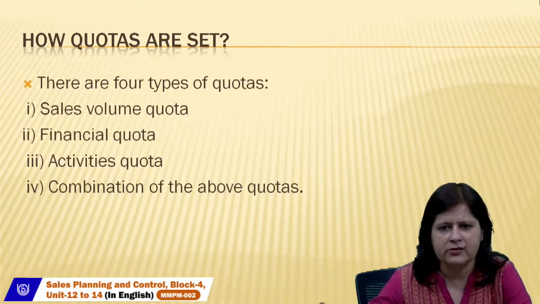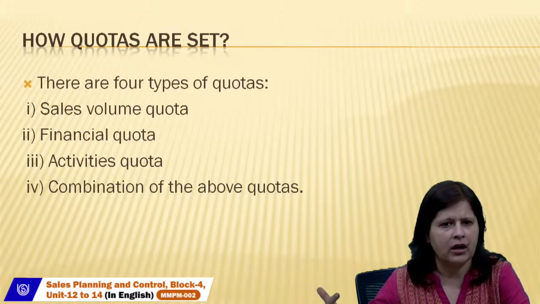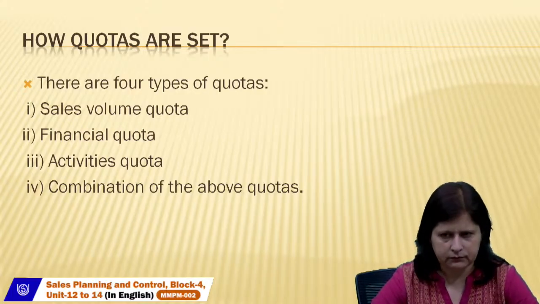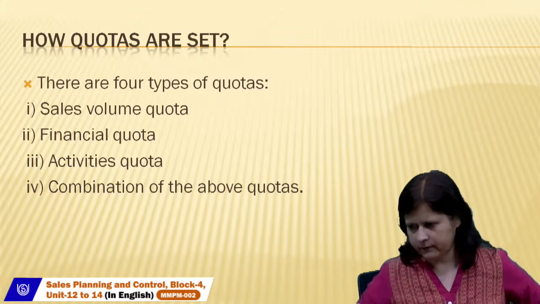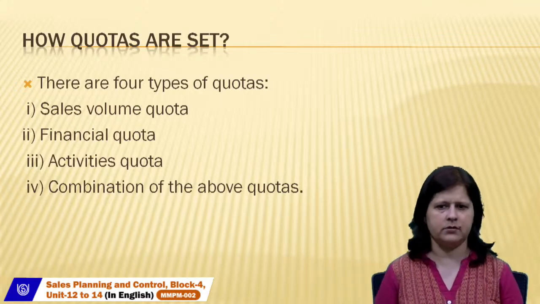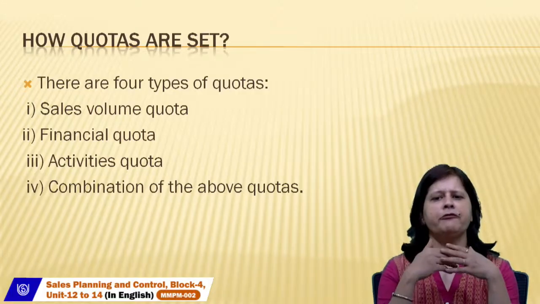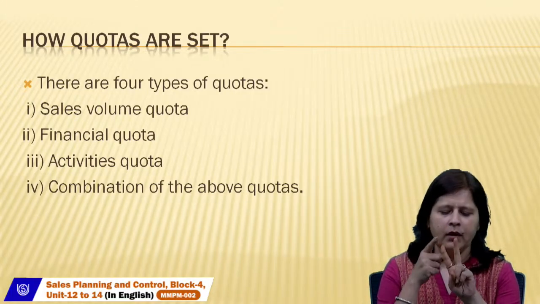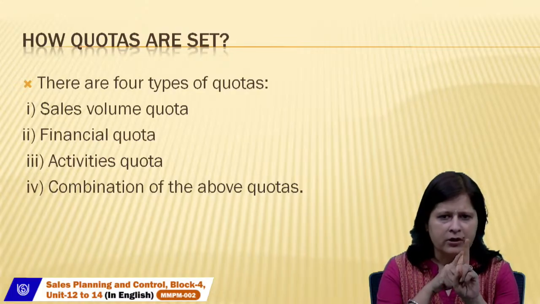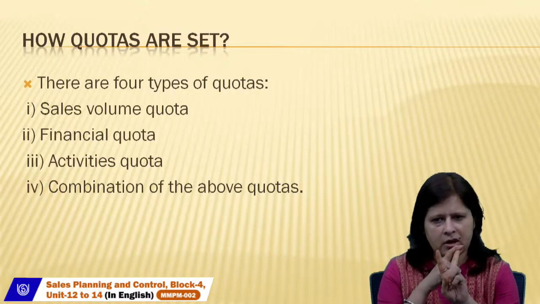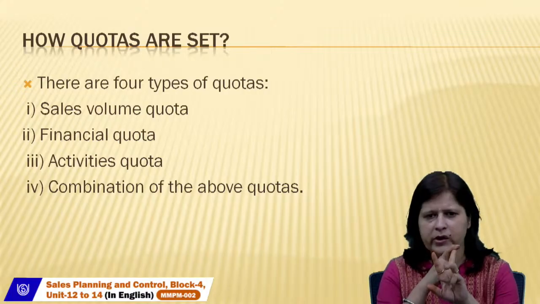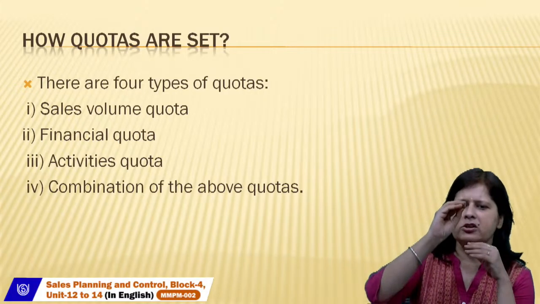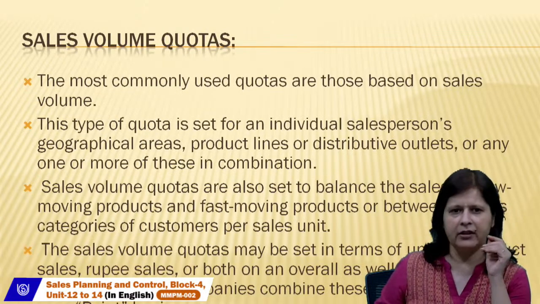First is sales volume quota, financial quota, activities quota, and combination of the above quotas, right? Actually, with the sales volume quota, we can define the quotas on the basis of sales. Then the financial quotas, on the basis of finances we can define the quotas. On the basis of activities and combination of any of the above, we can define the quotas.